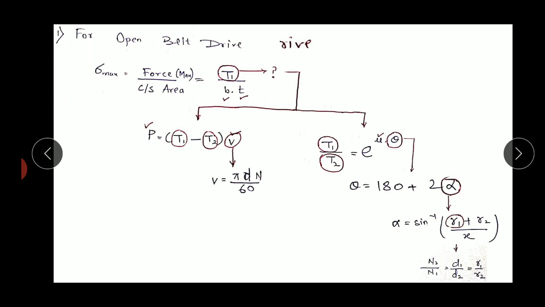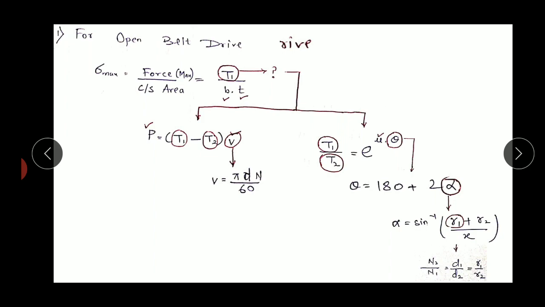The second thing, to get the second equation, you need to find the velocity of the belt. Once you find the velocity of the belt, put it in the power equation. You will get the other equation in terms of T1 and T2. So solving both equations, you will get the values of both T1 and T2, and by putting the value of T1 over here in the equation of stress, you can find the maximum stress.